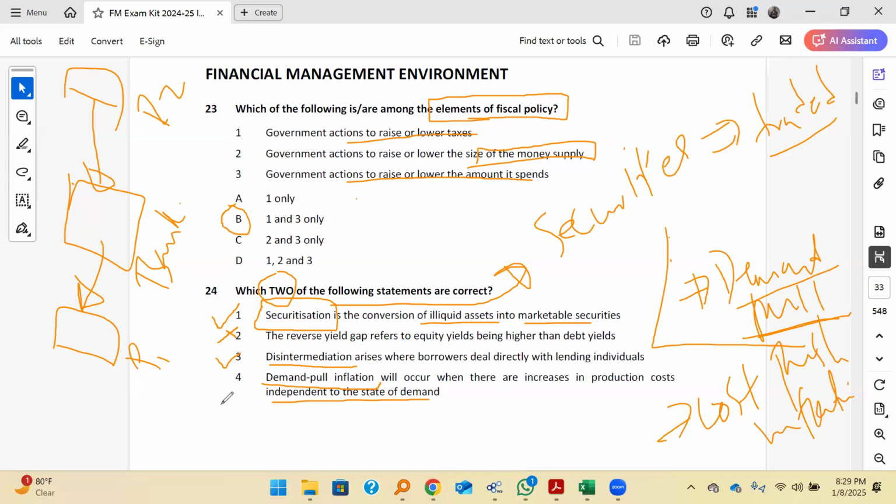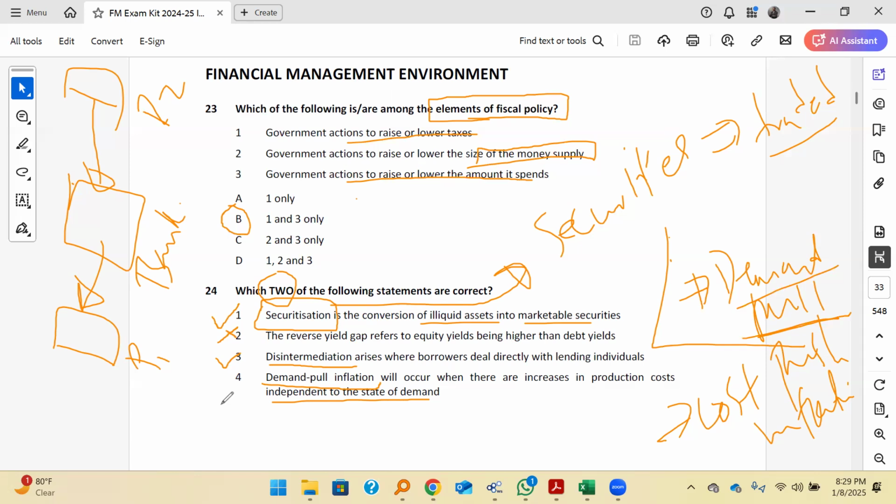But on the other hand, cost push inflation is not related to the demand. You can still have the demand not changing, but the price increases. So when the price increases, independent of the demand, we call that cost push inflation.